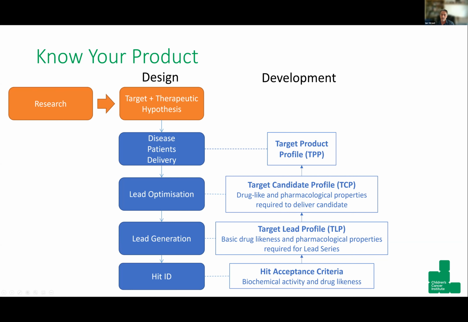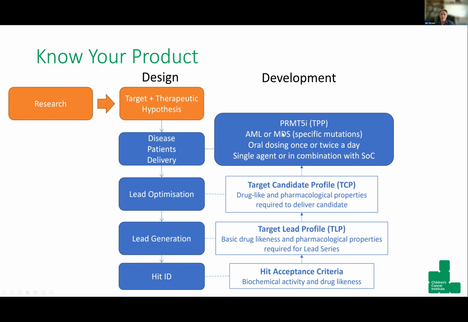And by doing this, this really gives you a fairly rigorous framework of boxes that you can tick in terms of the molecules that you produce to decide whether you want to progress them down the pipeline and invest more resources in developing them.